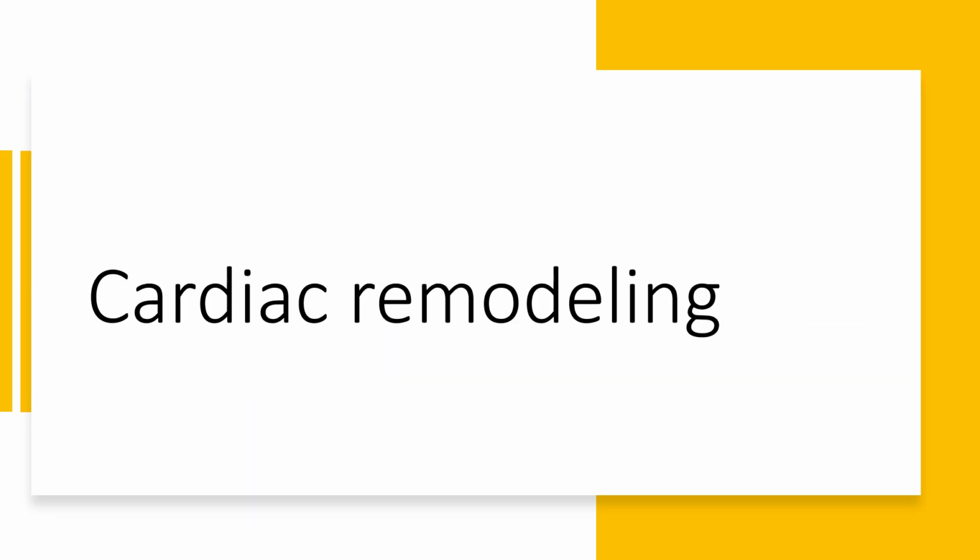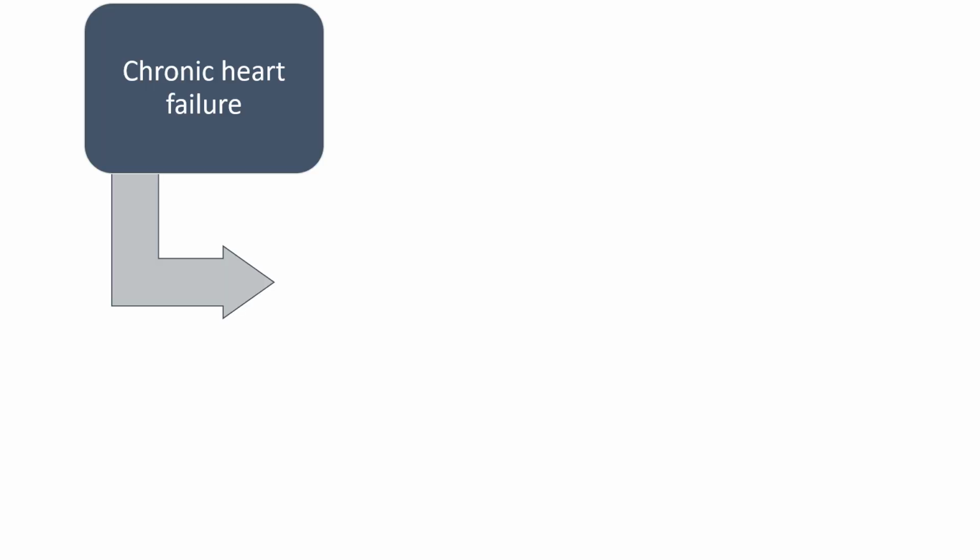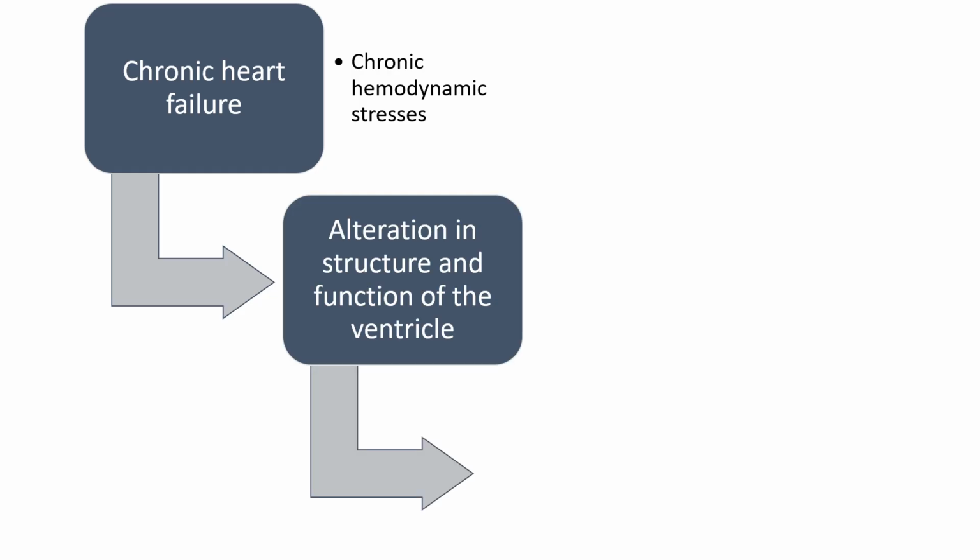Now let's turn to the important concept of cardiac remodeling, which is another compensatory mechanism in heart failure. The chronic hemodynamic stresses on the heart lead to alterations in the size, shape, structure, and function of the ventricle in a process known as remodeling. As remodeling occurs, there are changes in size, shape, mass, and volume.